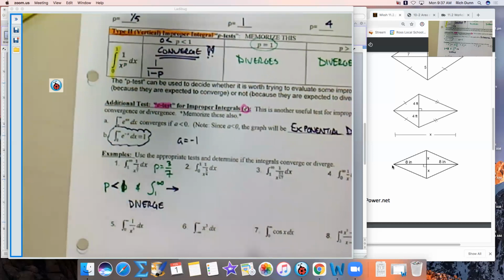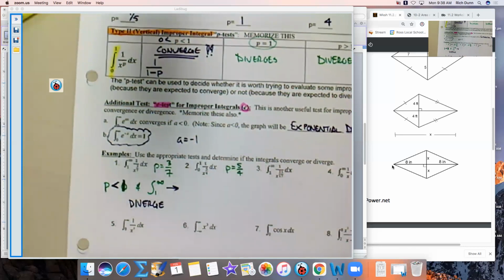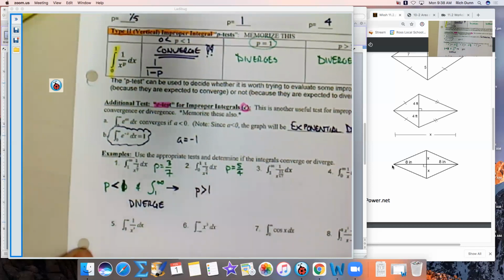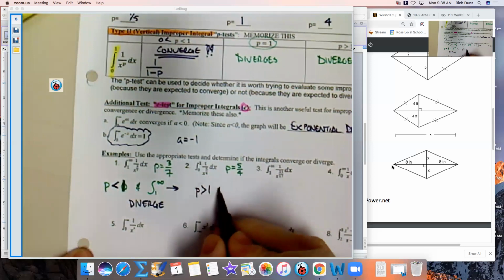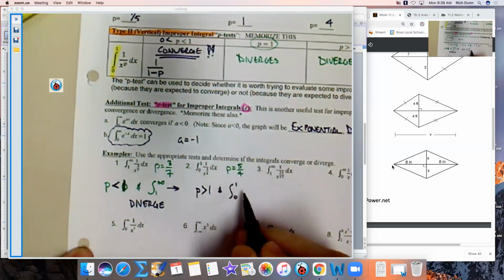Let's take a look at our next one. In this one, our p-value is 5/4. So this time, our p-value is greater than 1. And if you look here, we're integrating this from 0 to 1.